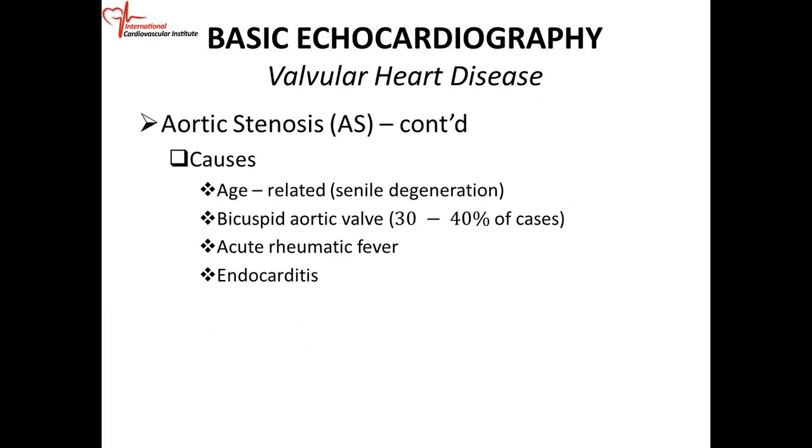So some of the causes of aortic stenosis, and you have to know what's going to cause aortic stenosis. One of the big causes is aging. The aging population will present with aortic stenosis, whether they like it or not, because the aortic valve degenerates over time. So we call it senile degeneration.